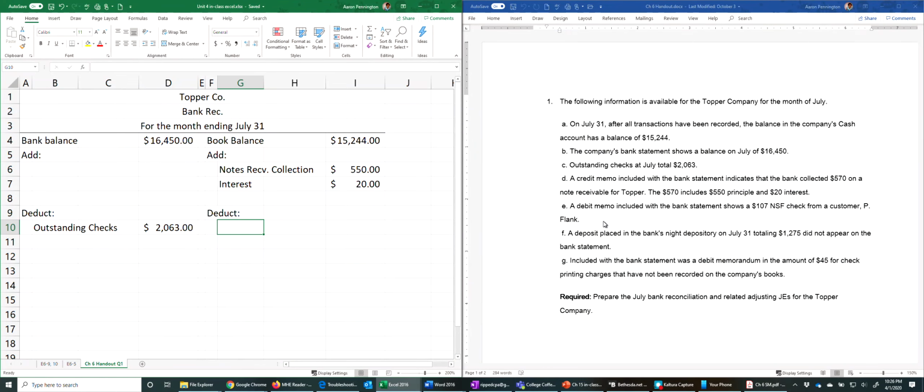Well, that's a bounced check. Think about what happens when you've increased the cash balance and sent the check to the bank: we have to back that out. It's an NSF check, meaning non-sufficient funds.